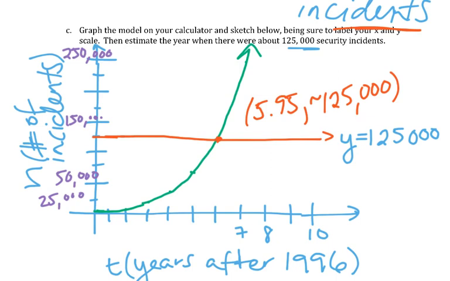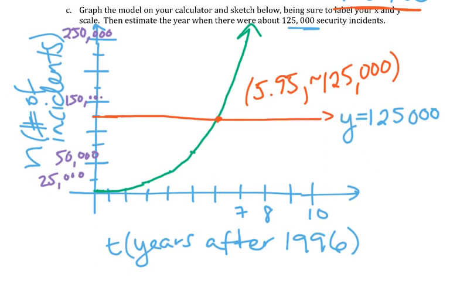The intersection, rounded to the hundredths, has an x value of about 5.95. We could leave that as the number of years, or we could round up to 6. So we could say, let's do it in green.